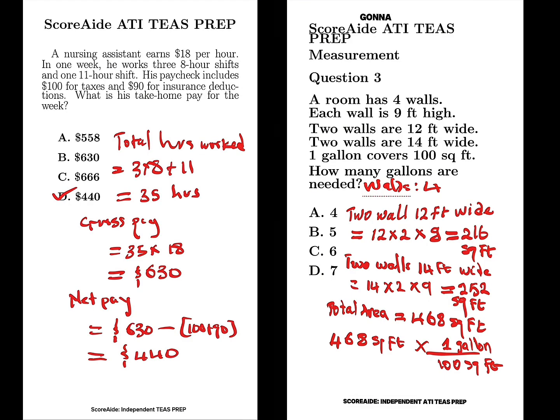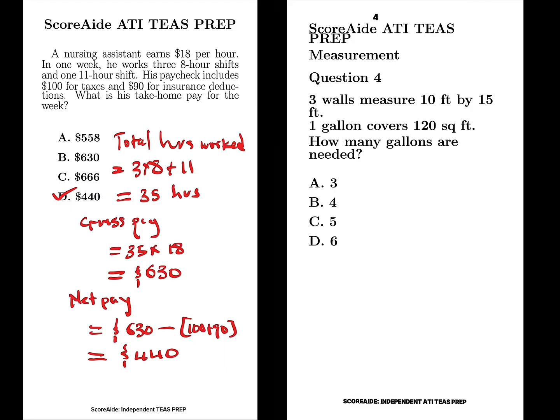So this one, strike that, and we are left with 4.68 gallons, right? Because you see the answers are whole numbers, if you round that up, it's going to be 5 gallons, right? 5 gallons. So the answer is going to be B, right?